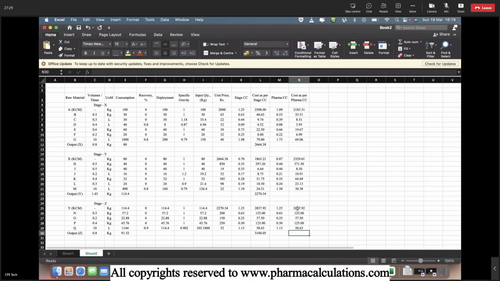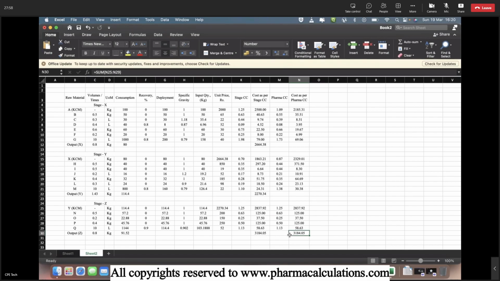Why? Because this particular 2837 is going to resemble the summation of these, and here the 2329 of x is going to resemble the summation of these things. So just try to add up here only the last things. See, now these both costs are going to be same. As these are going to be same, so you can say you have done it in a correct way.